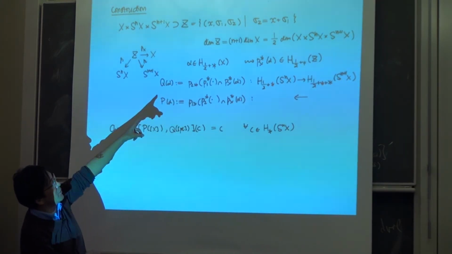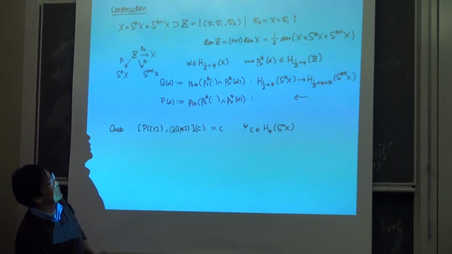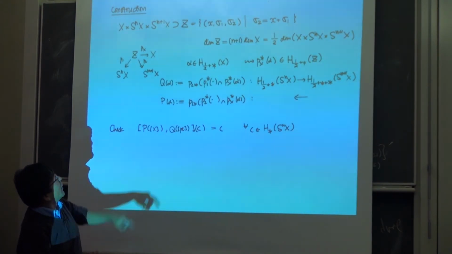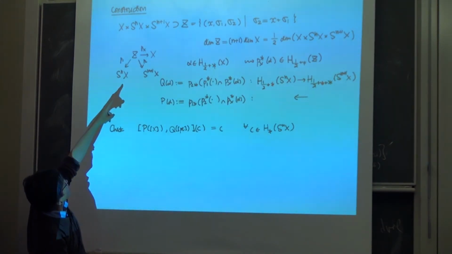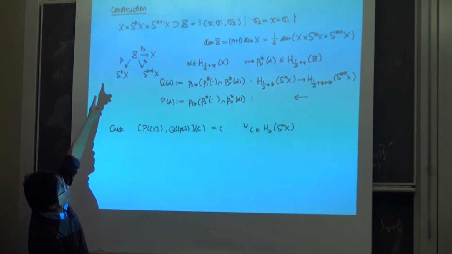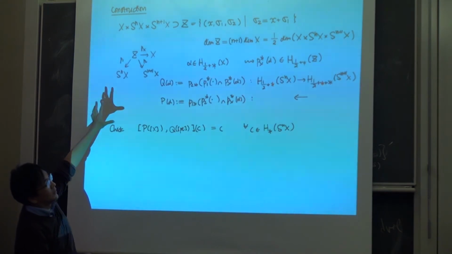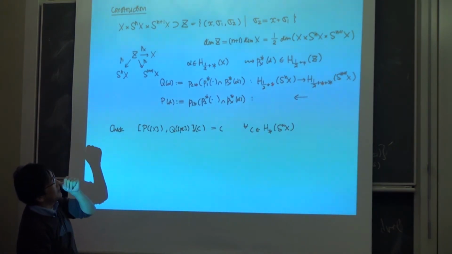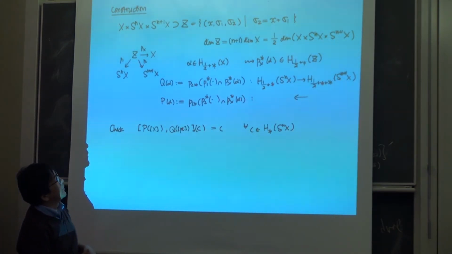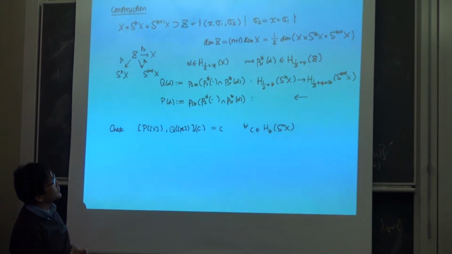So for the dimension, you just need to fix sigma 2. So it is n plus 1 times dimension X. And if you compute the total dimension, you have X and S^n X, and the sum of dimensions is again n plus 1 times dimension X. So the dimension of Z is just half of the dimension. And as I said, if X is a symplectic manifold, then Z is a Lagrangian subvariety.